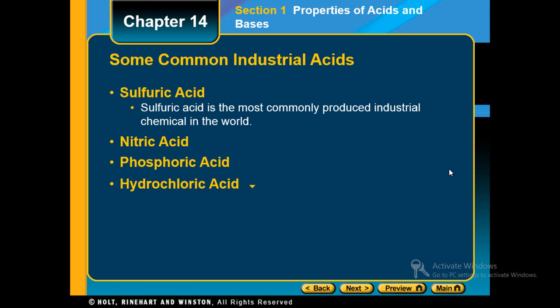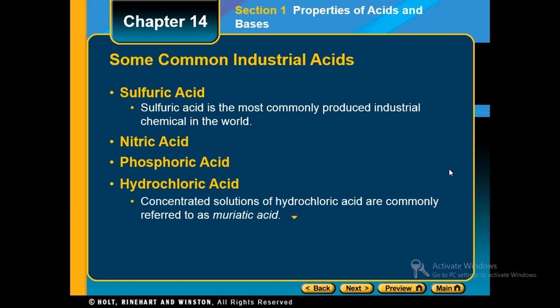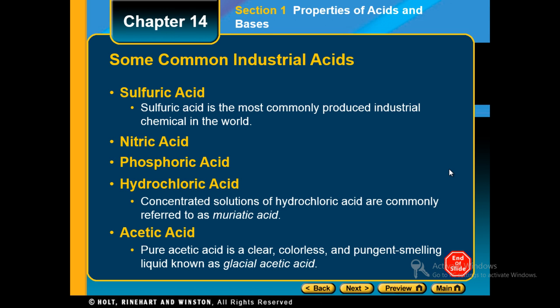clean masonry. When we reach the final acid, which is acetic acid, it has the formula of CH3COOH. Acetic acid is clear, colorless, and has a pungent smell. It's known as glacial acetic acid.